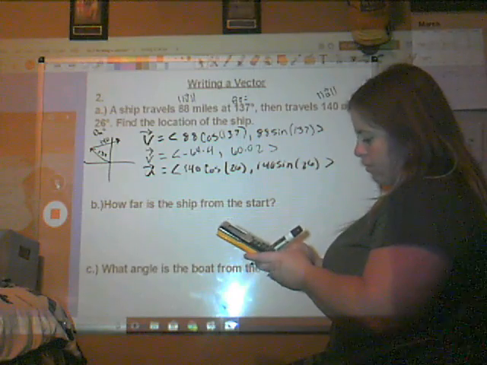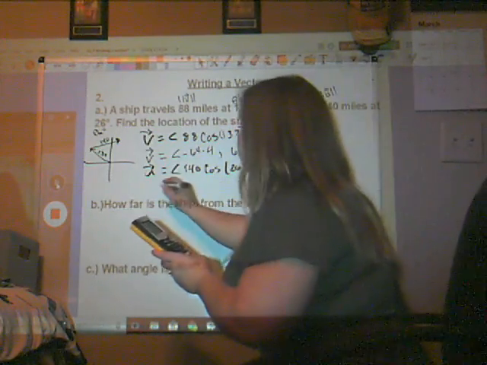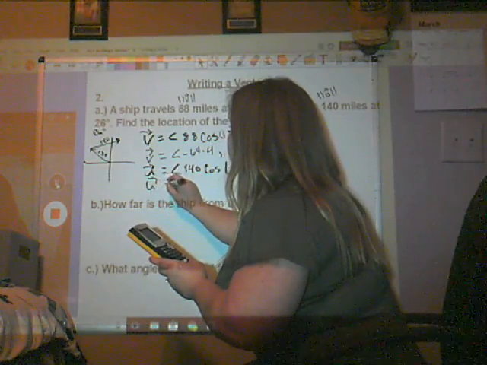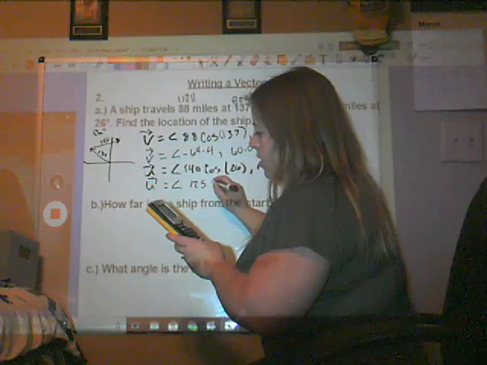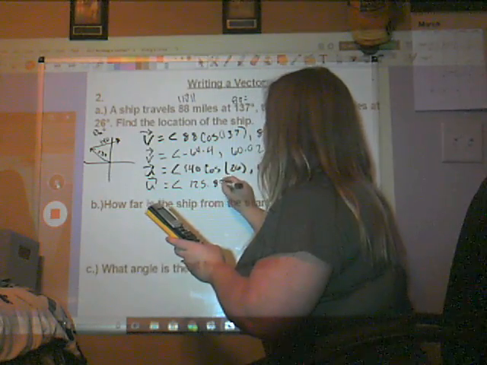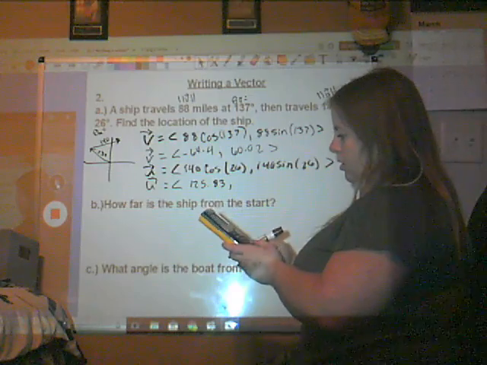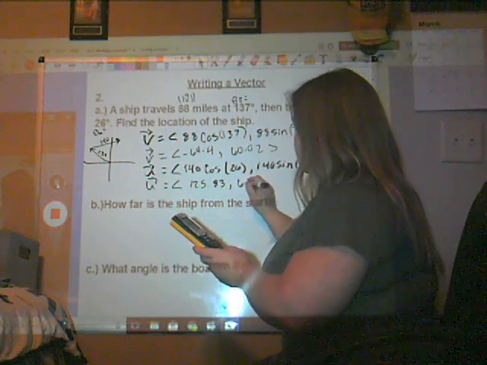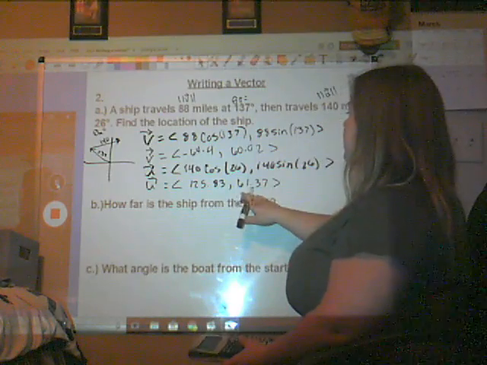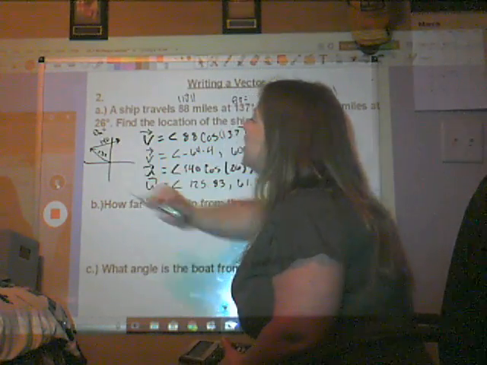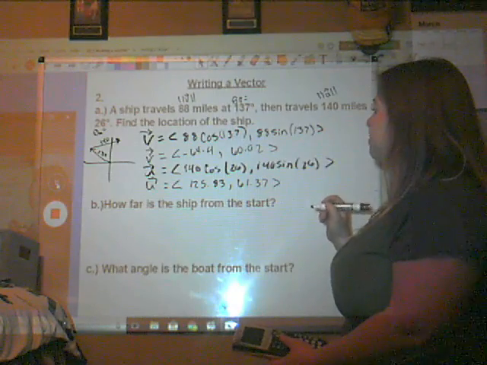So we have 140 times the cosine of 26, which is 125.83, and 140 times the sine of 26, which is 61.37. If you notice now, that's in quadrant 1, which is where we ended up here. And so that kind of makes sense there.